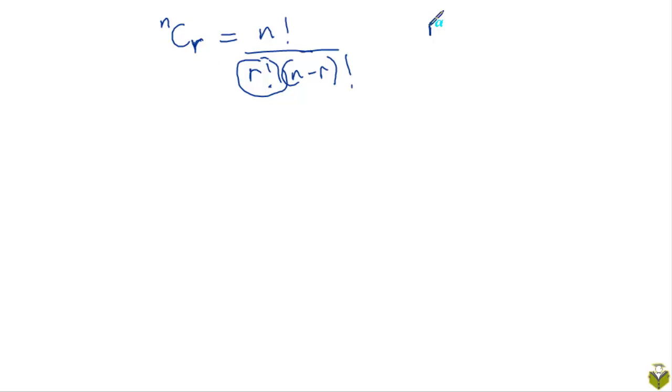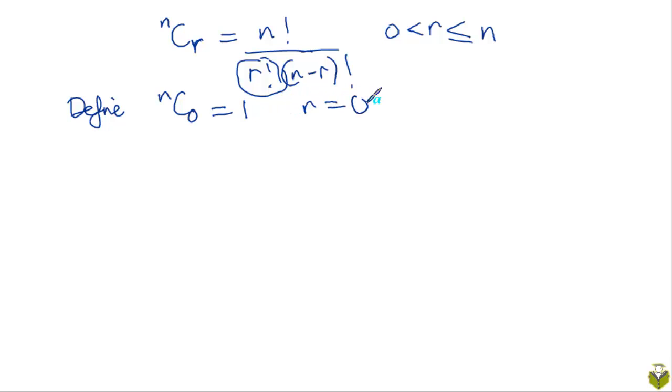And we had proved it for r between 0 and less than or equal to n. But actually we can define nC0 as 1. So for r equal to 0, we have nC0 equal to 1.